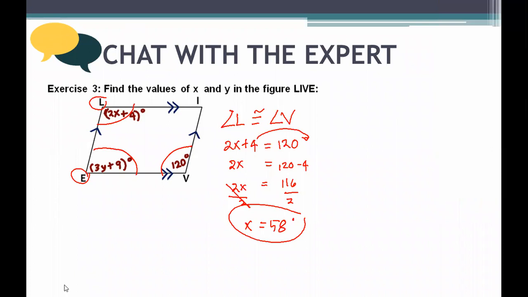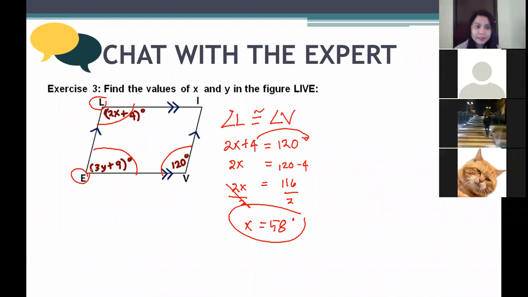So once you add them, it's equal to 180. The same is true if you have E and V. They are also consecutive. So the answer should be equal to 180. So 3y plus 9 plus 120 is equal to 180.